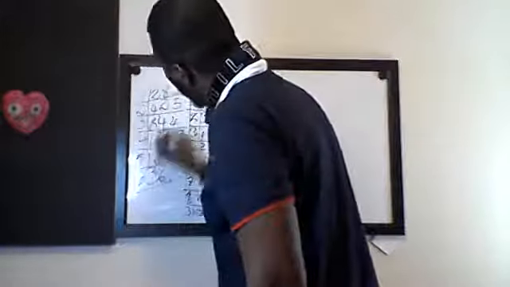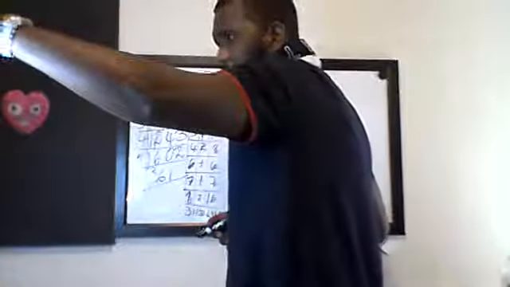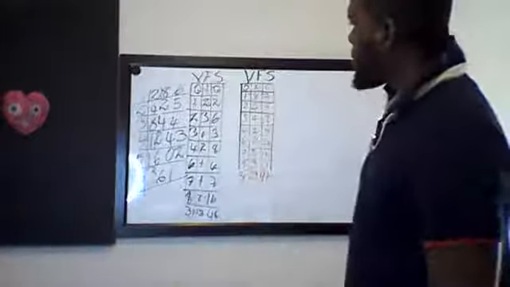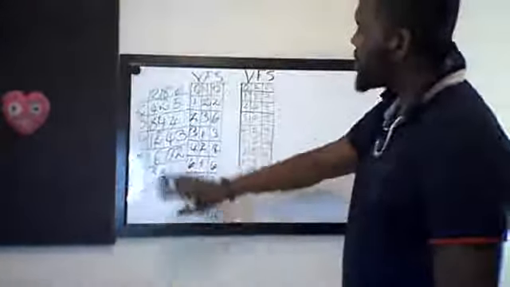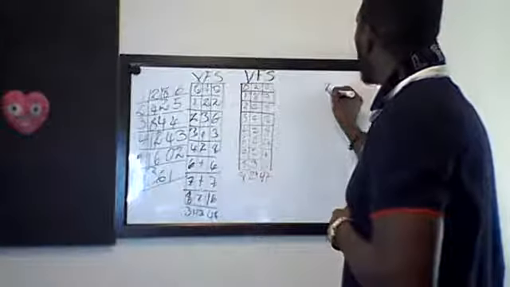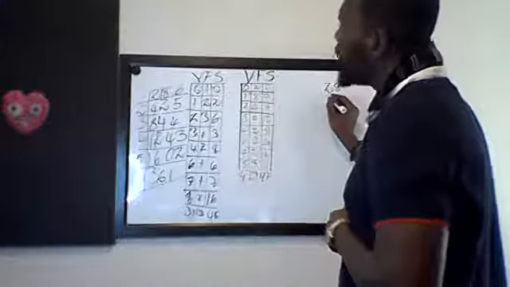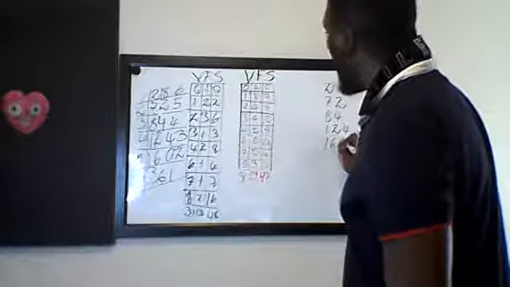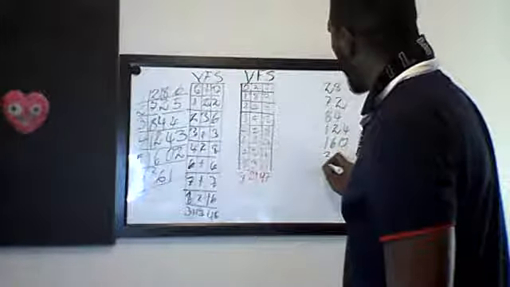Okay, that's the number that we have to verify on, right? So to do that, we have to match numbers to see what numbers we have. 20, 28, 72, 84, 124, 160, and 36.